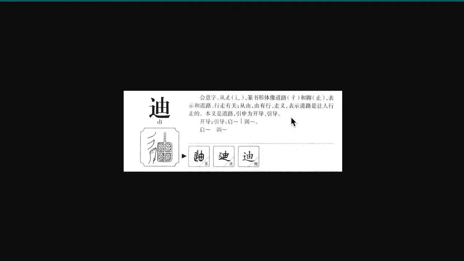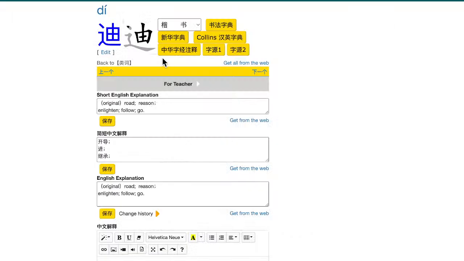So the origin plus the walking radical combined together means where these things originate from, and in that way it means a way, an approach, because it's referring to the basis or the reason for doing something. Okay, so this is 迪.